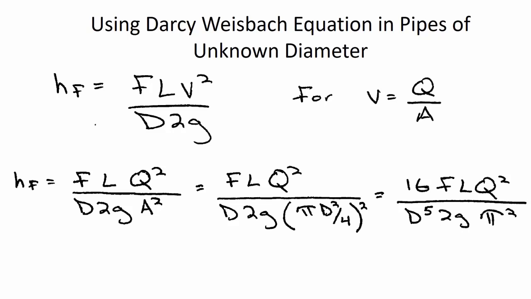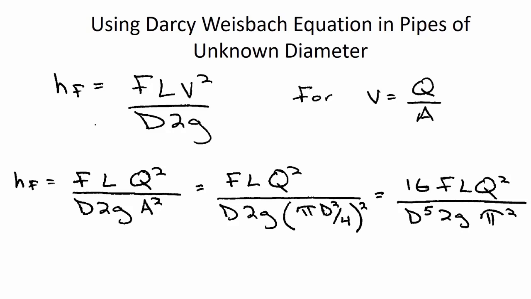We make that substitution so that now we have f L Q squared divided by D 2g A squared. And we'll substitute in the formula for pipe area. So it's f L Q squared over D 2g, and now here's our area, pi D squared divided by 4, and we're squaring that whole area.